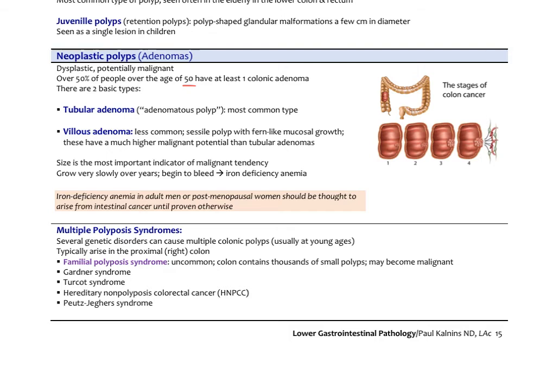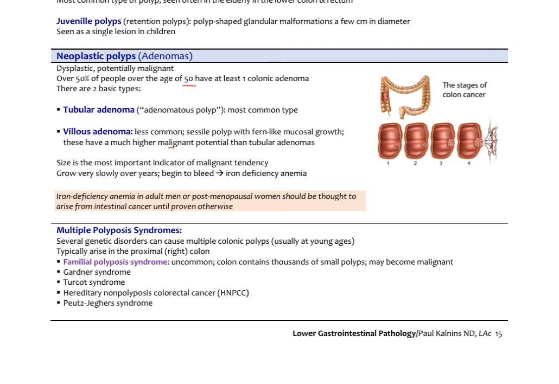The two most common types are the tubular adenoma, or adenomatous polyp, and the villous adenoma. That's going to be more of a sessile polyp. It looks fern-shaped, and these are much more malignant than the other ones. So the treatment is a little more aggressive and they can spread quicker. Size is the most important indicator of malignant tendency.